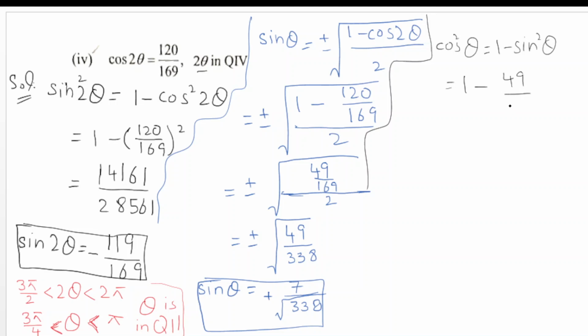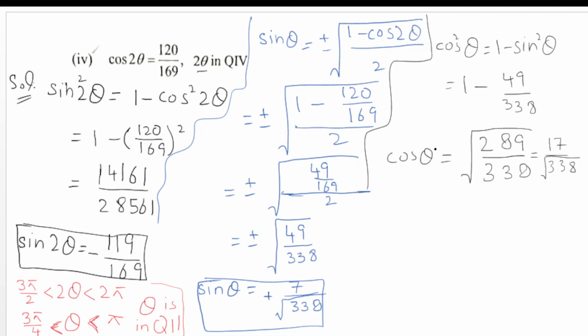So we simply solve this: 338 minus 49, that's 289. So 289 by 338, and the square root is 17 by the square root of 338.